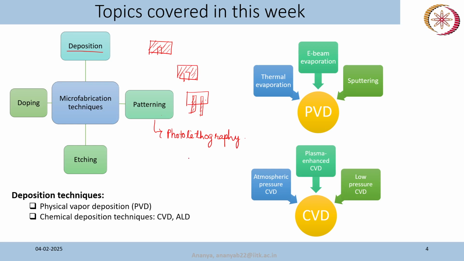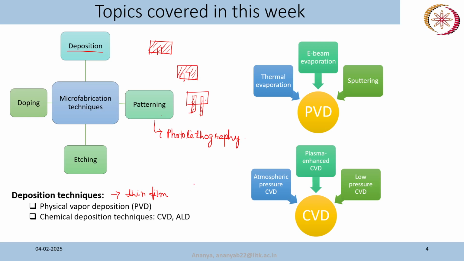Now first let's discuss the deposition technique. What is deposition? It is the deposition of a thin film over a substrate. Over a substrate means that there may be some patterning before, there may be something else on the substrate also.